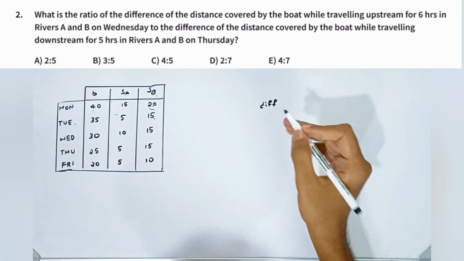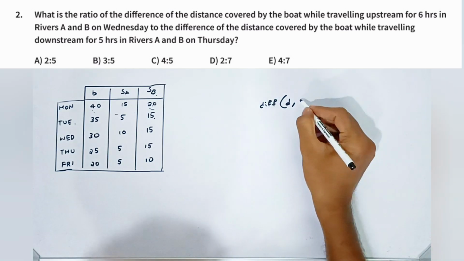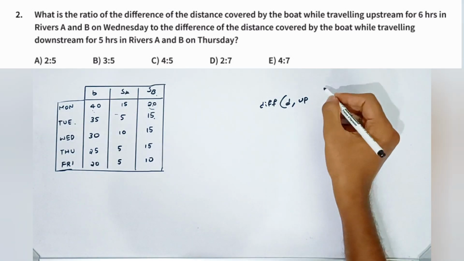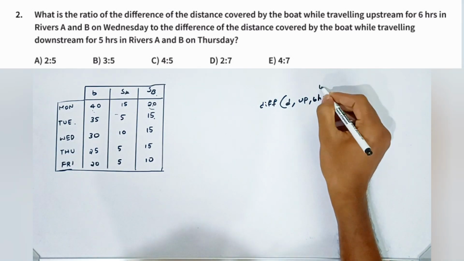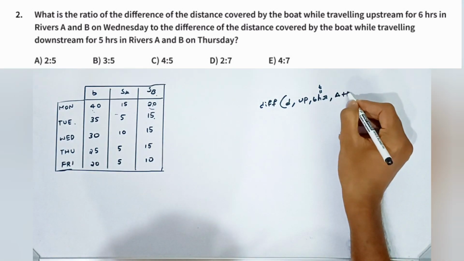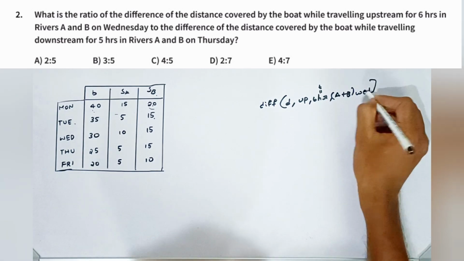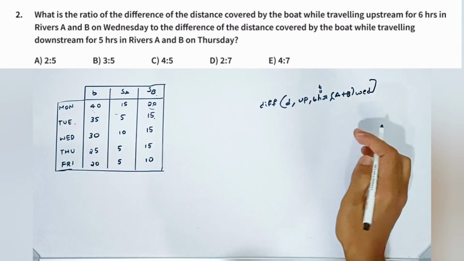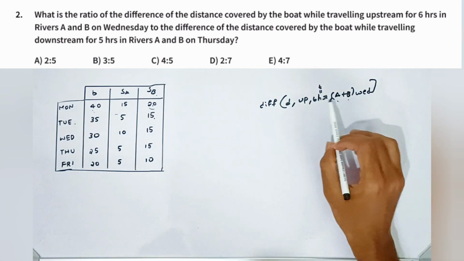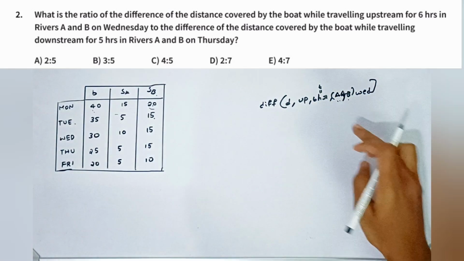We have to calculate the differences between the distance covered by a boat while traveling upstream for 6 hours, so time is 6 hours, in river A and B on Wednesday. We have to calculate the differences between A and B on Wednesday.